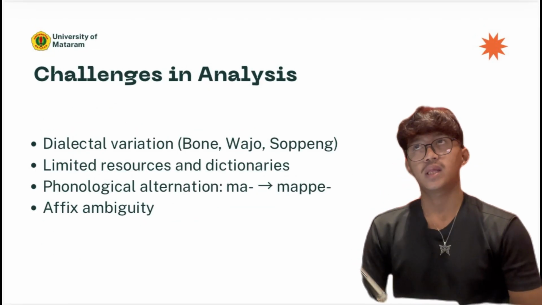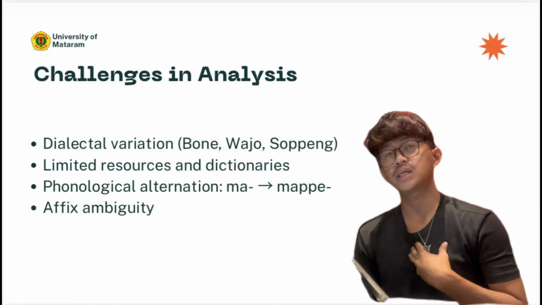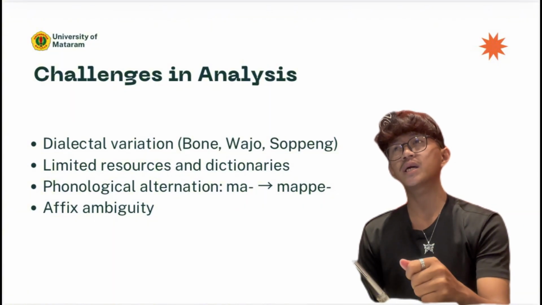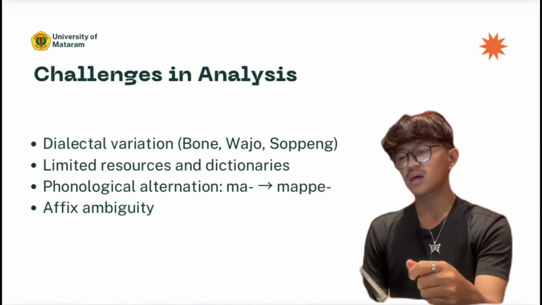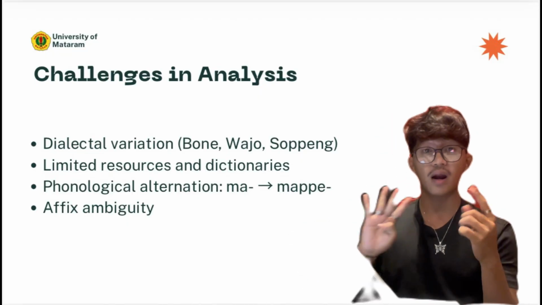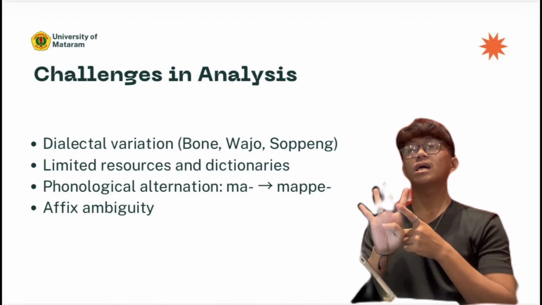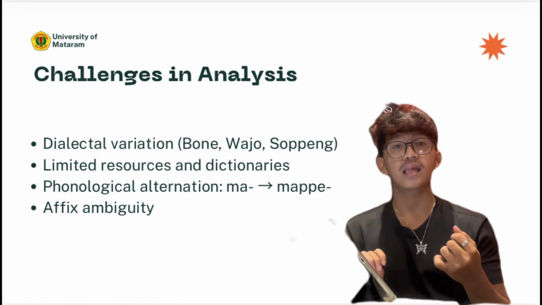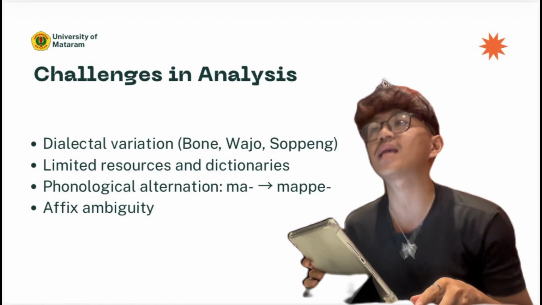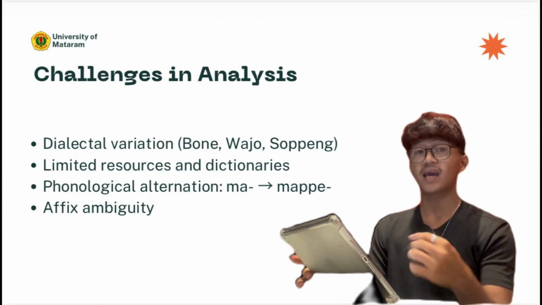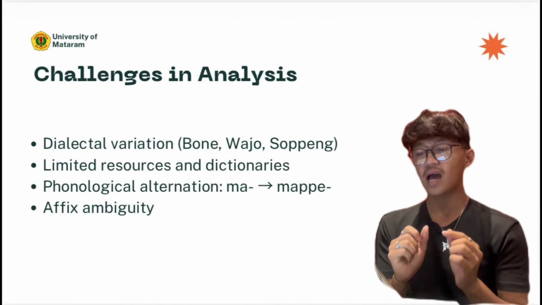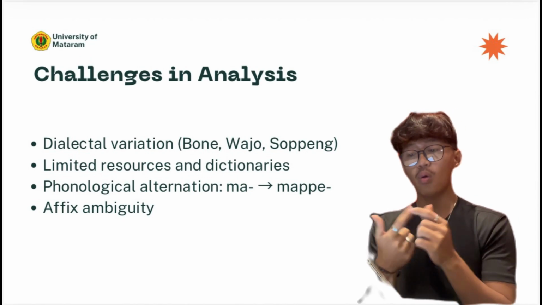So everyone, what challenges did I get in this morphology project? In my analysis, there are four challenges that might be difficult for me, but it's not too difficult. I can handle that. The first one is dialectal variation, as I used Bone, Wajo, and Sopeng.